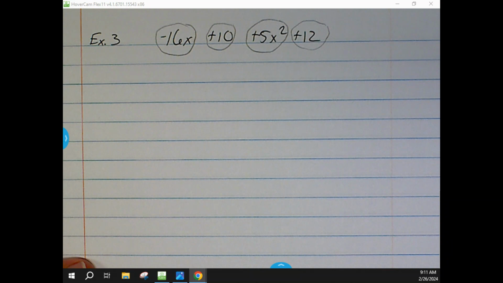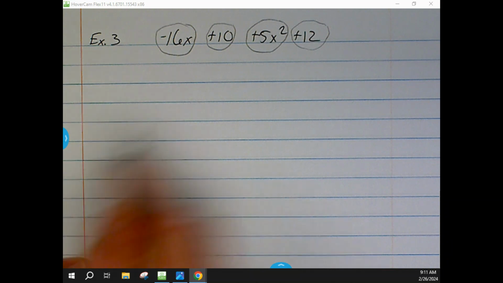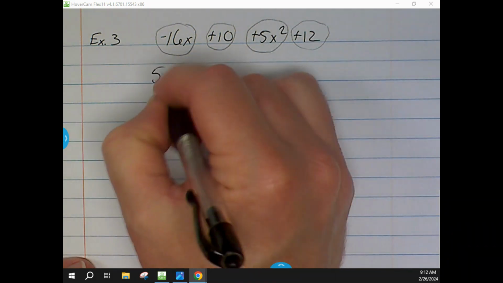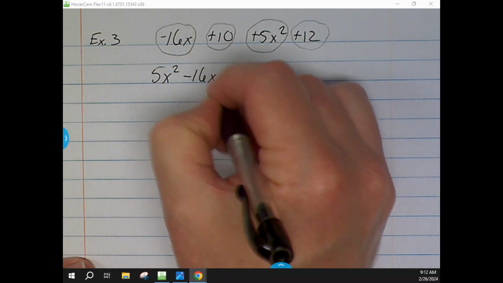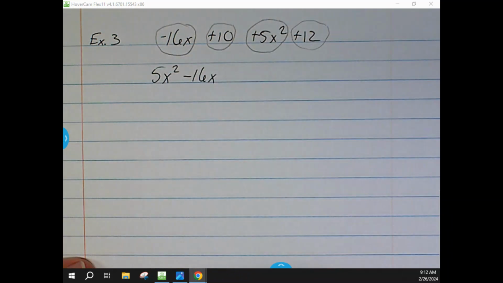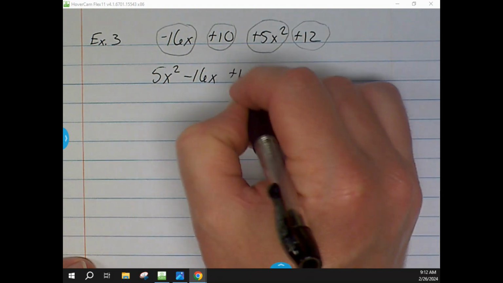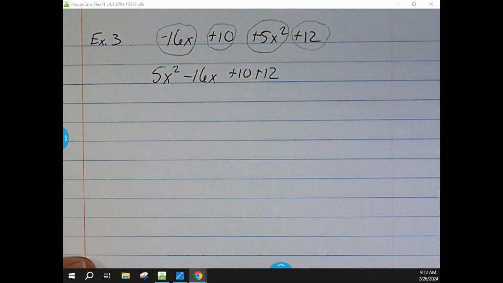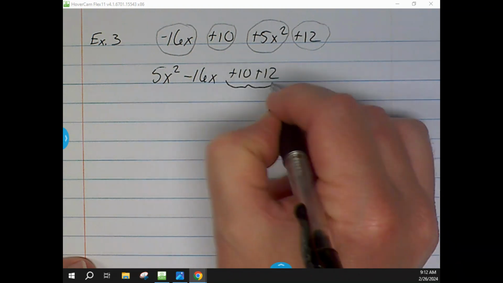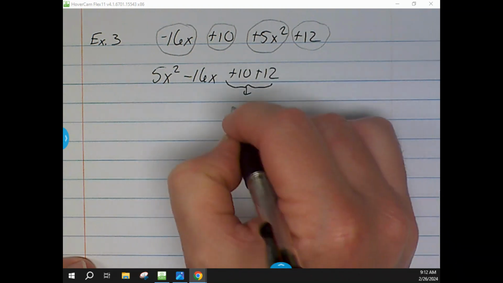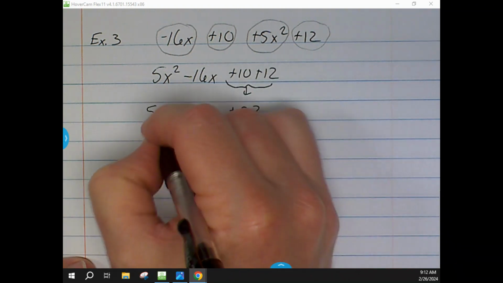Okay. And if you go back and rewrite it in standard form, you've got your 5x squared minus 16x. And then you get down to the 10 and the 12, and you're like, well, hey, I've got two like terms in this case. So if you've got like terms, you go ahead and just combine those like terms together and make that 22.